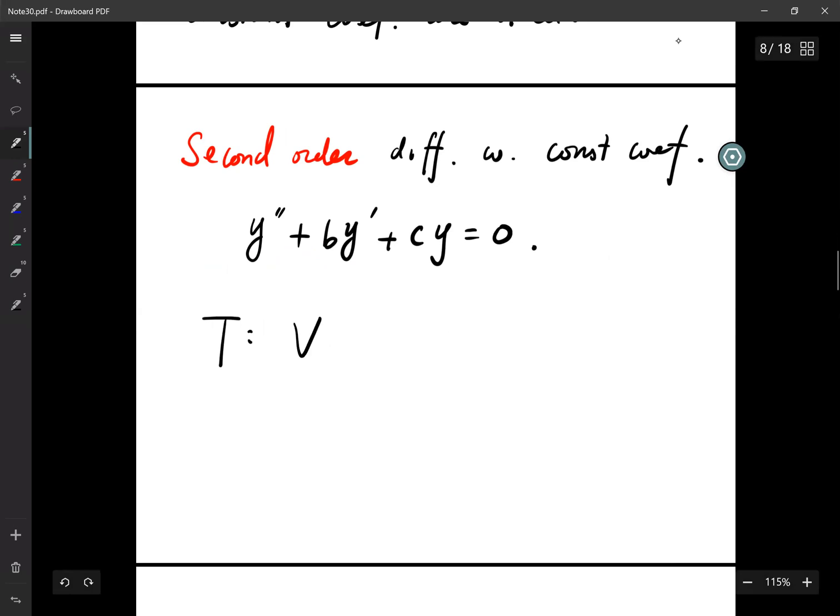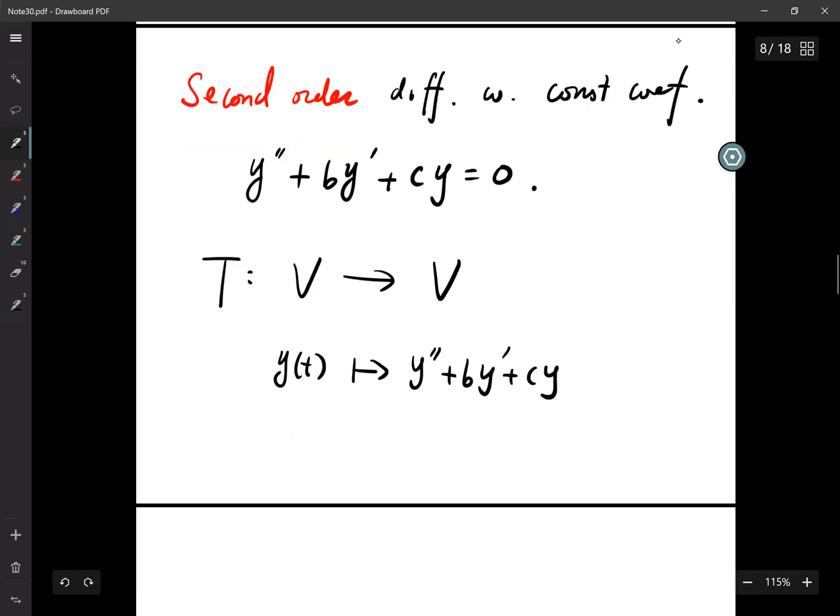Again, in the linear algebra language, we're mapping y(t) to y double prime plus b y prime plus c y. This one equal to 0 means that we're interested in the null space of T. Any question?